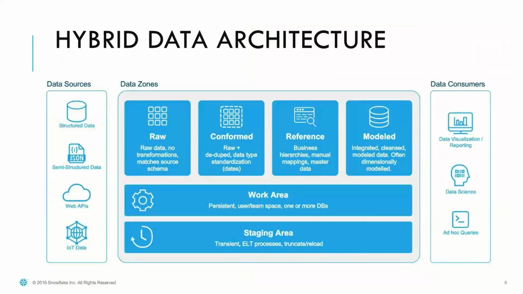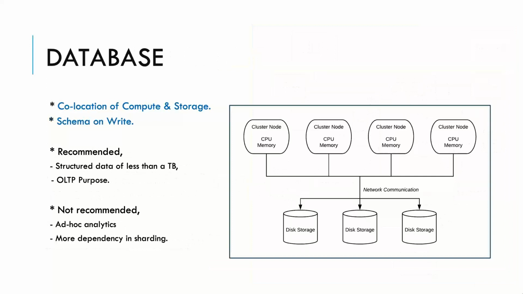Okay, whatever it may be, as of now we saw, in a real world scenario, there won't be just one specific category. In a big project, or even in a decent project, or within a company itself, there will be a database, a data warehouse, and a data lake. All three will be present. For example, a database will be used primarily for the application's OLTP purpose, right?